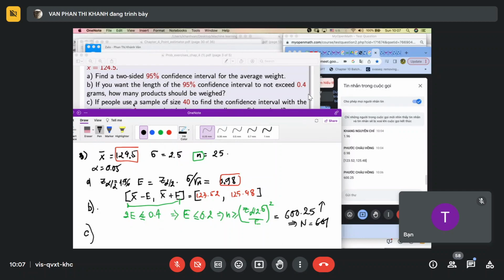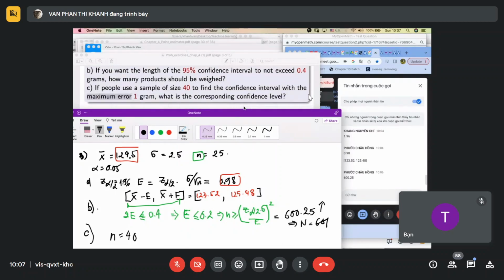Question C, if people use a sample of size 40, so n here is 40, to find a confidence interval with the maximum error 1 gram. So it means that here alpha is unknown, right? We don't know. But we know that the maximum error is 1. So I want to find alpha.